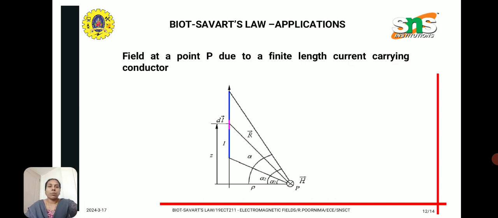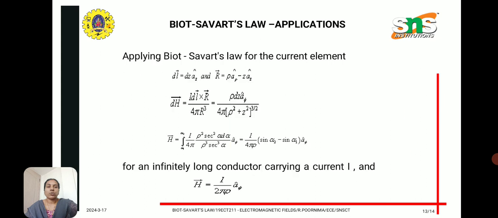And we are going to apply the Biot Savart law to find the field at a point P due to a finite length current carrying conductor. So here we are considering the finite length conductor and the point P where we are calculating the H vector. For this we apply the Biot Savart law, taking the cross product between I dl and the distance vector.